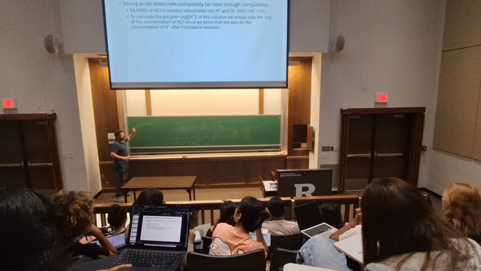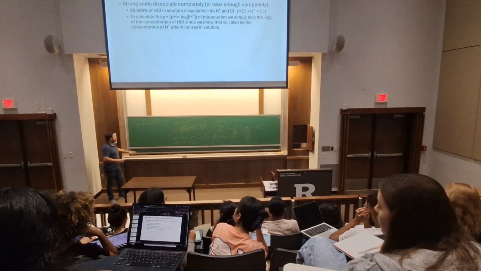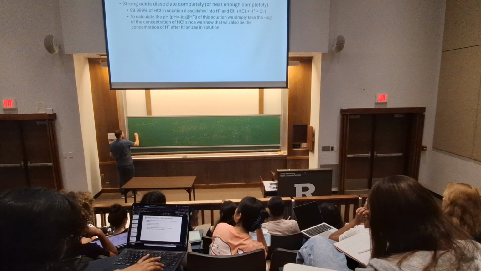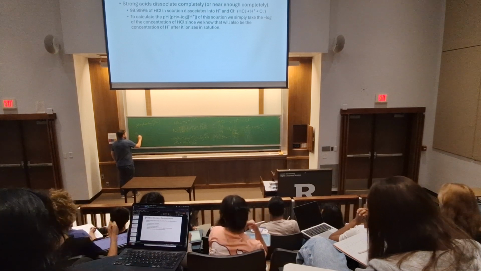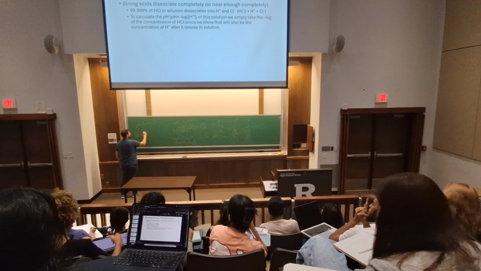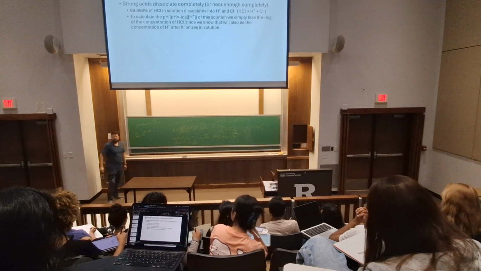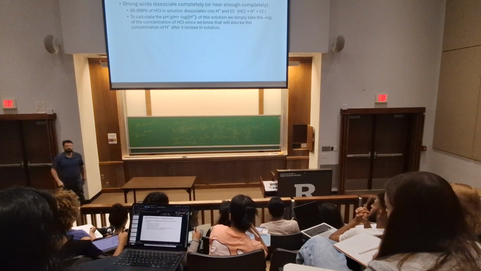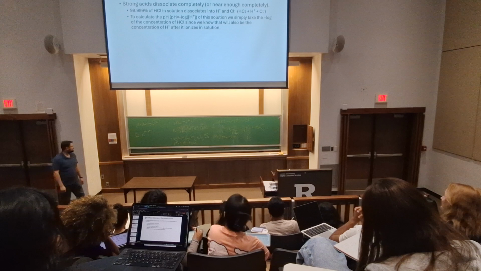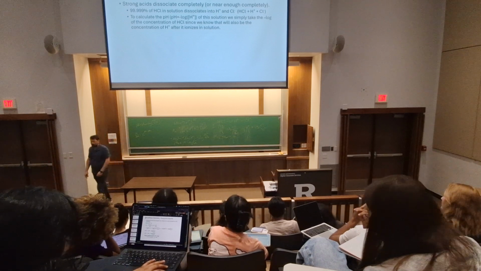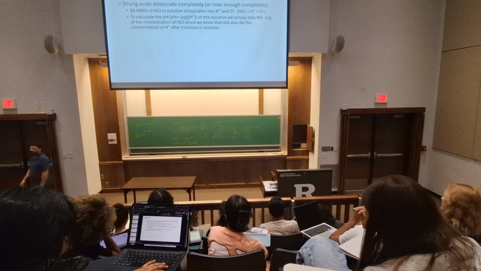And why is that so useful to know? Well, let's rearrange this equation and solve instead for A minus over HA. So A minus over HA equals 10 to the pH minus pKa. Everyone good with that? I haven't done anything tricky. Now let's see what happens when the pH of the solution equals the pKa of that proton.